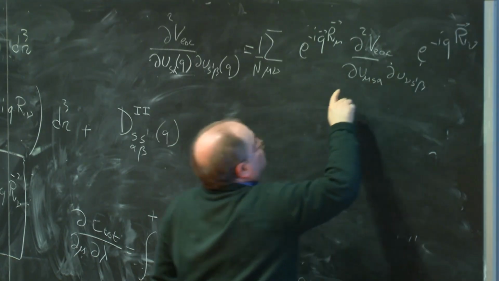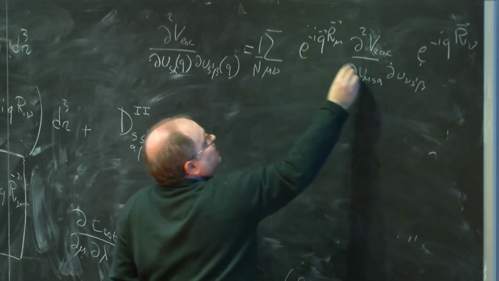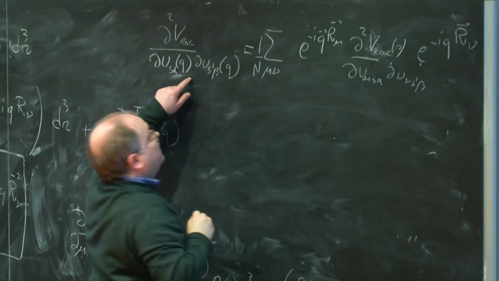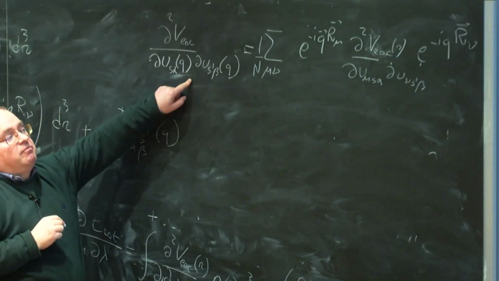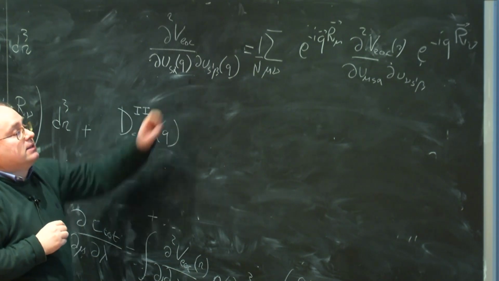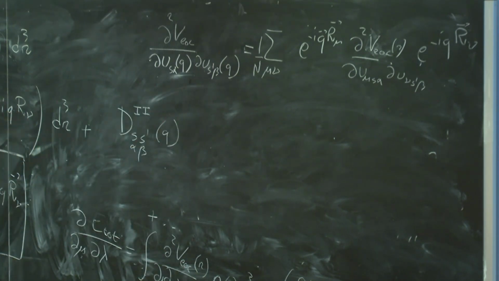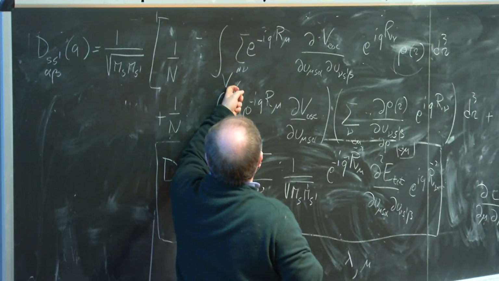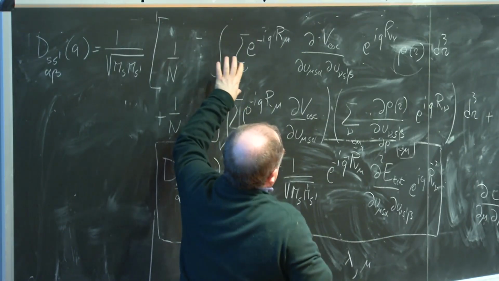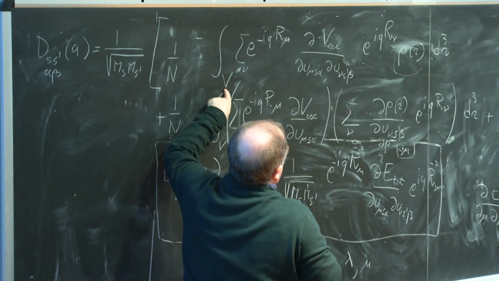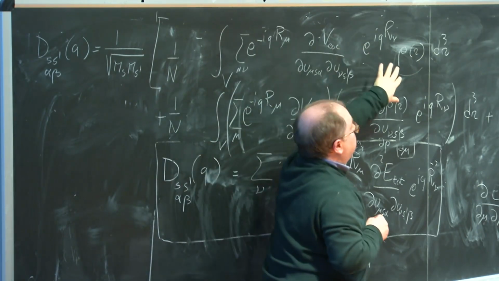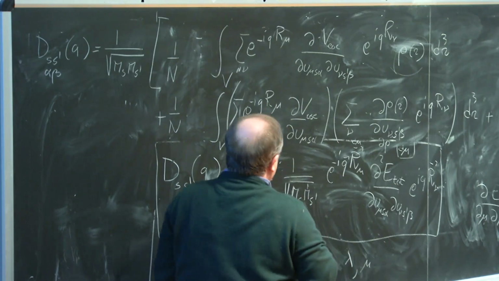And what I want to show is that this is a function of R that is periodic. It has the periodicity of the lattice. And so basically this integral can be written as an integral over one unit cell, and it becomes n times the integral over one unit cell, because these are two lattice periodic functions.